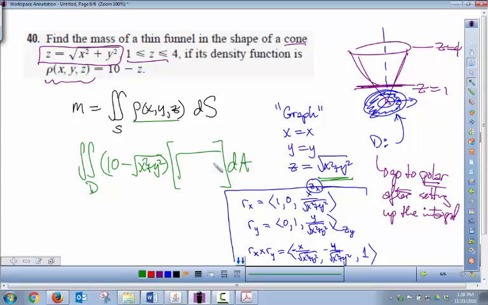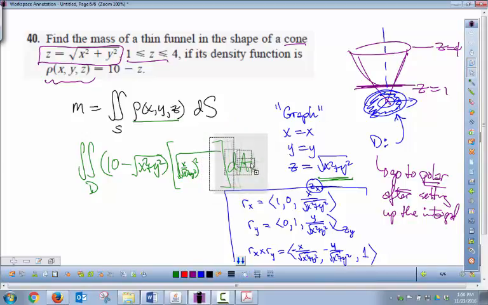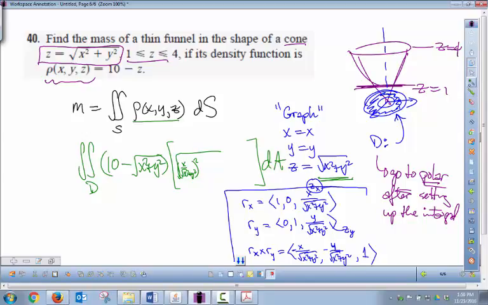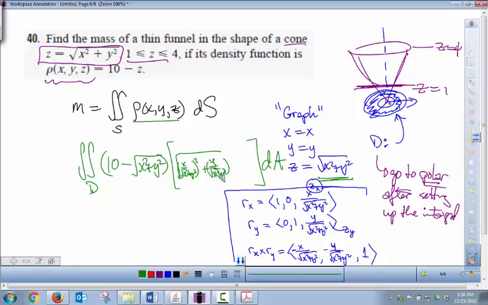I don't know if this is going to be enough space. Negative x over the square root of x squared plus y squared, squared, plus y over the square root of x squared plus y squared, squared, plus 1 squared. So is it square root 2?